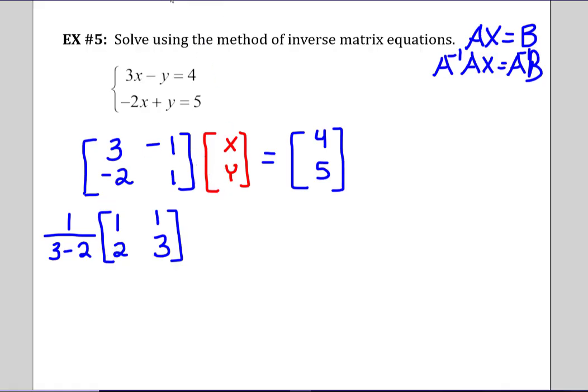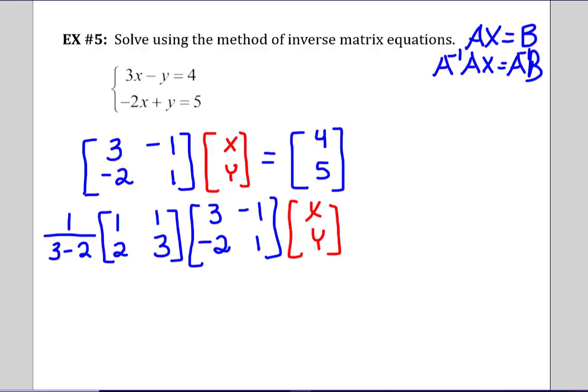We're going to multiply that times the matrix 3, -1, -1, 1, and the variable matrix, and we're going to multiply this side times the inverse matrix, which is what? 1, 1, 2, 3 times the solution.